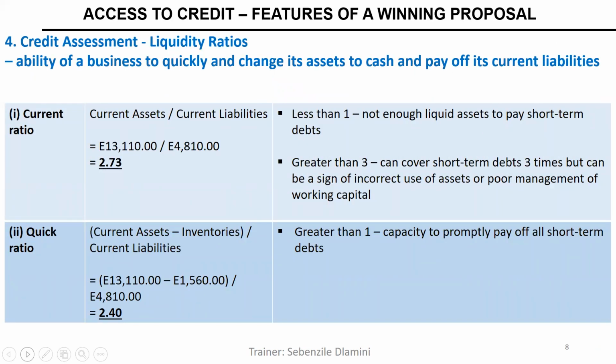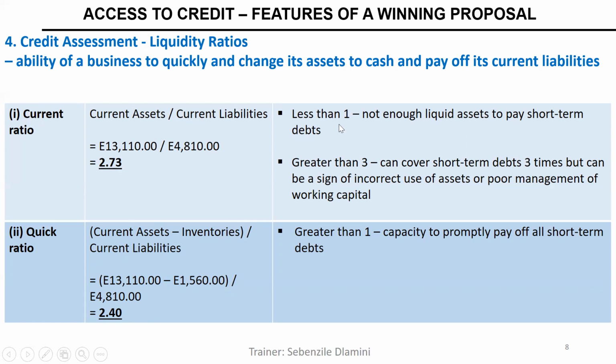Liquidity ratios measure the ability of a business to quickly change its assets to cash and pay off its current liabilities. There are two ratios that we will talk about. The first one is a current ratio, which you get by dividing the current assets by current liabilities. The ratio is 2.73.